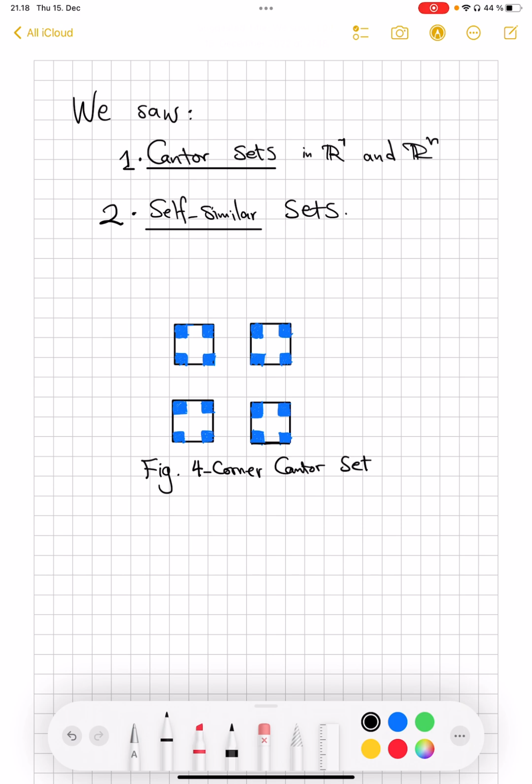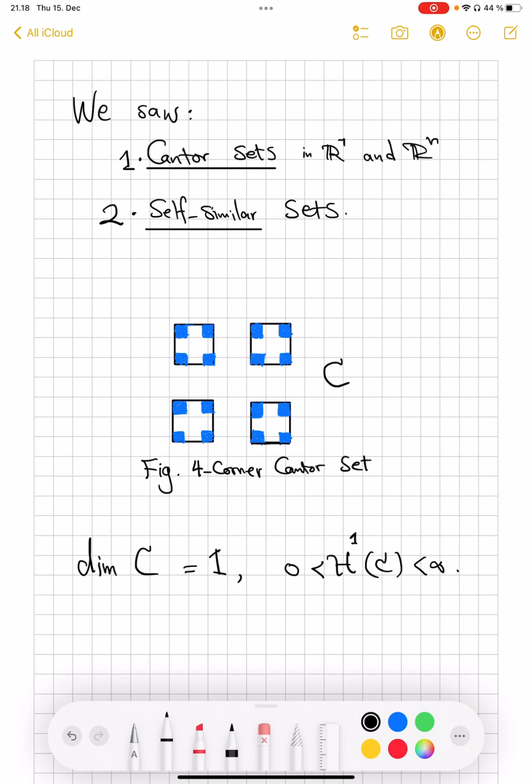What is true about this set is that its Hausdorff dimension, I'm going to call this C, is equal to 1, and its Hausdorff measure is finite and positive.